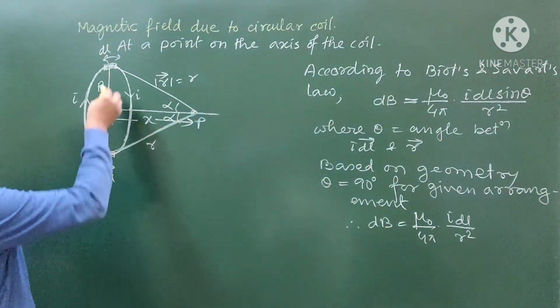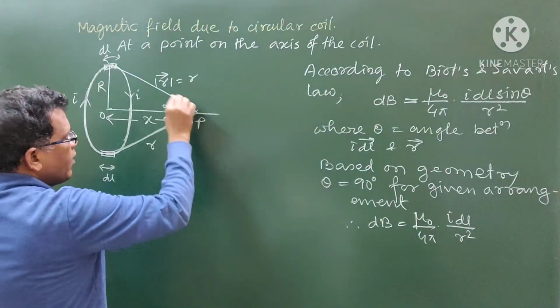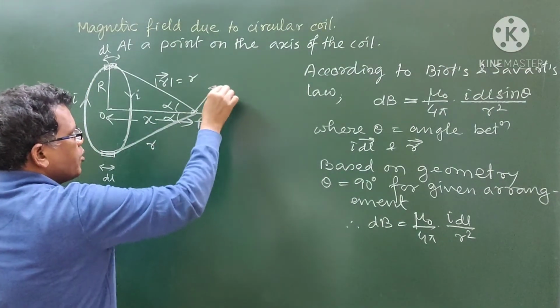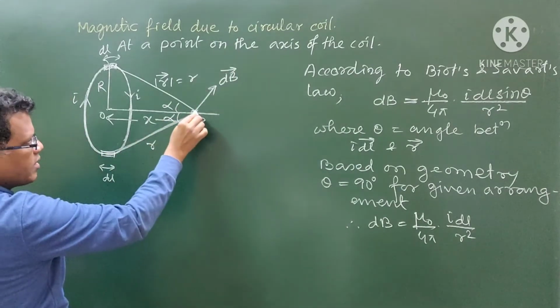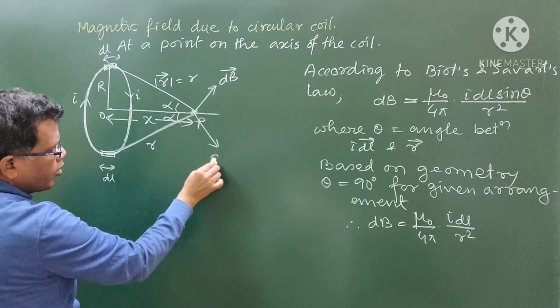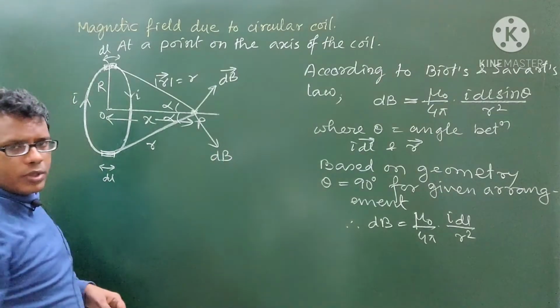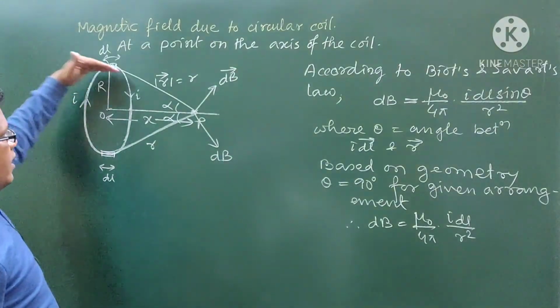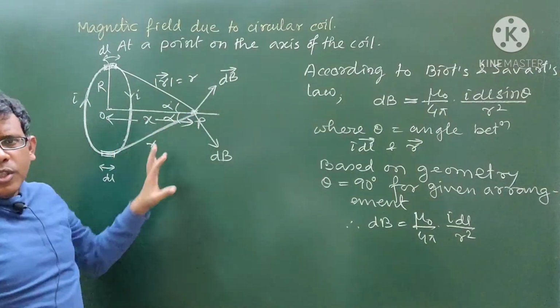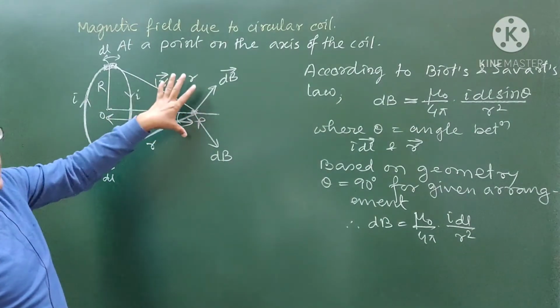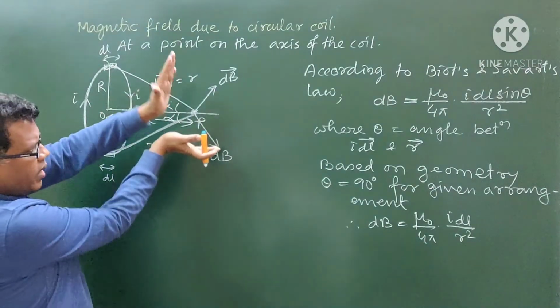That means for one element, this is the radius vector, and dB due to this can be in this direction, and again for the other, dB will be perpendicular to it. Either this is the possibility, or otherwise this dB can be this way and that dB can be that way. To make it convenient to understand, I am drawing it outward like this.